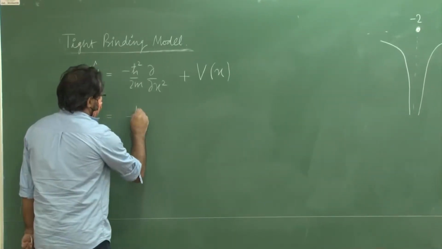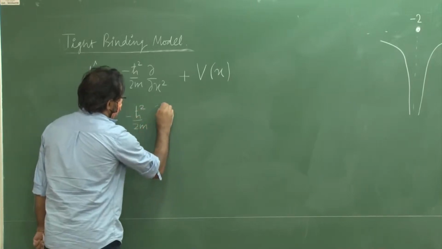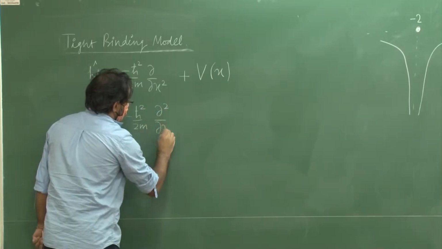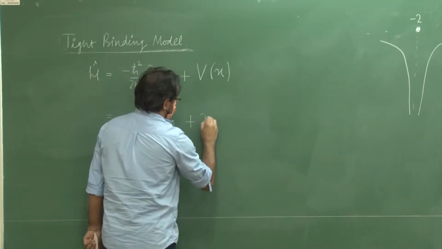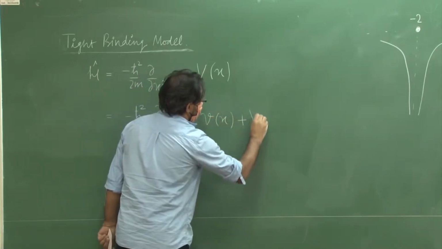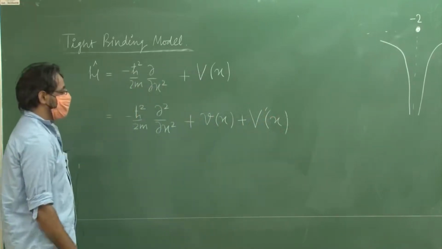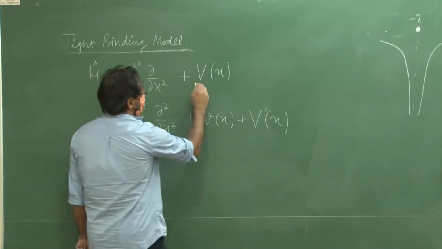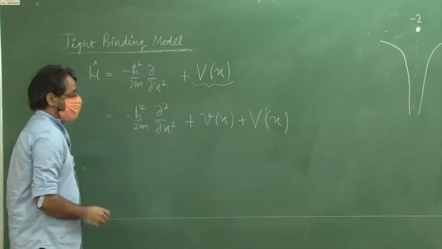So I have to again use some trick of quantum mechanics. So I'm going to write this as minus h bar square by 2m del 2 del x square plus Vx plus V prime x. What have I done? I have written Vx as a sum of these two. What are these?